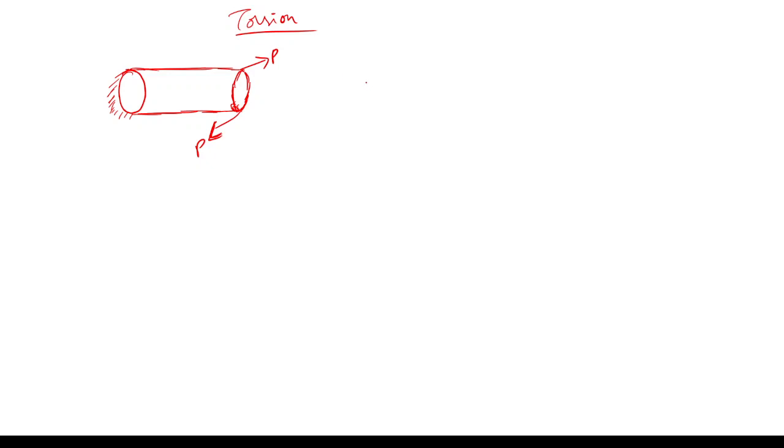For example, let us imagine this to be diameter d. So what will be the twisting moment then? Till now we have seen bending moment. What is the difference between bending moment and twisting moment?